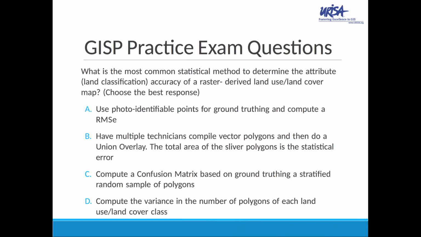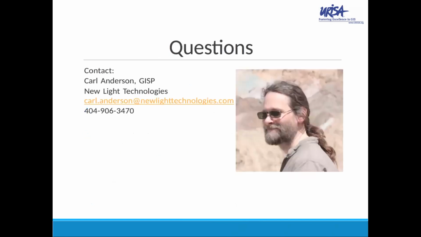The statistical error of sliver polygons is again a positional measurement, so that would be the horizontal accuracy, not the attribute accuracy. The next one, a confusion matrix, tells you how often you're right and how often you're wrong within a subset of the samples of the data. And that's the correct answer for the set.